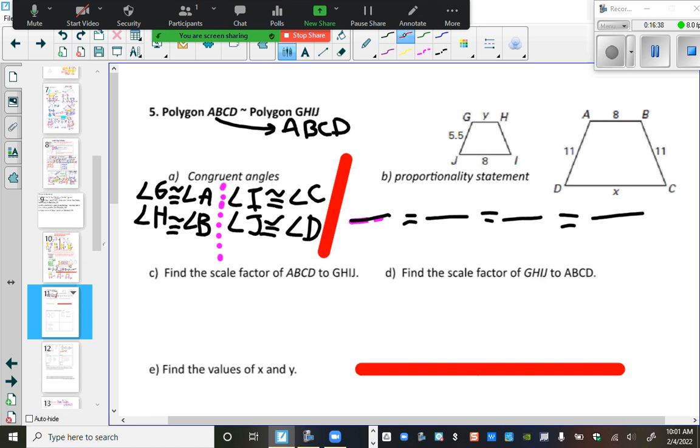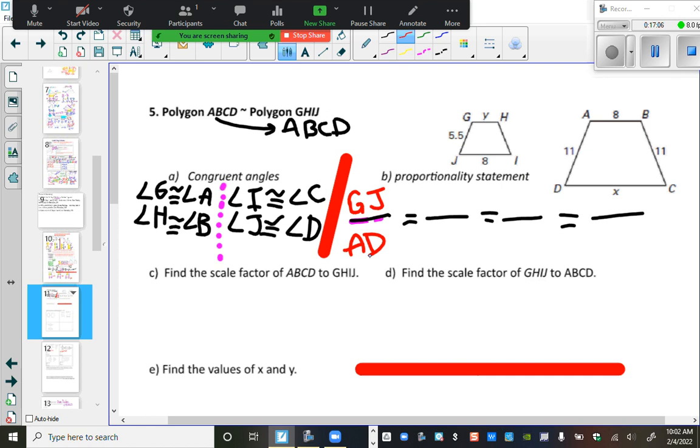Where's the bottom be AD? With the bottom be AD, very good. I should say GJ. Let me write my G a little bit better. G, J. And you said AD, Andy? Very good.